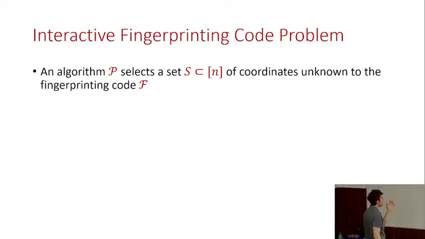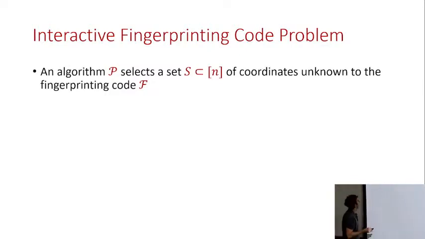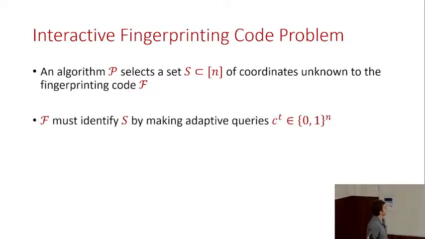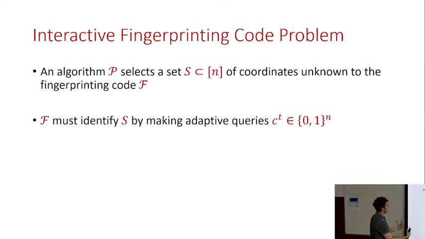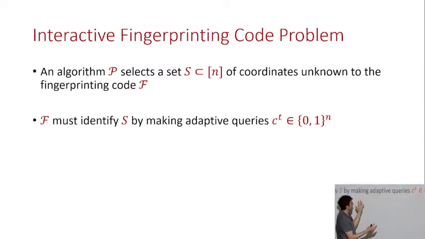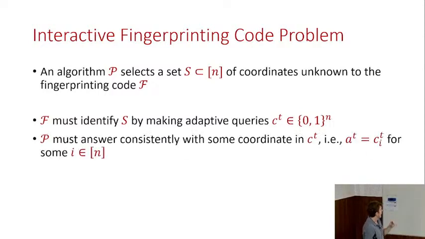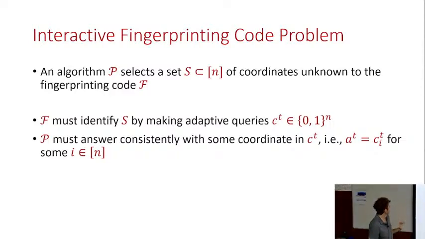And this subset is unknown to what's called a fingerprinting code, F. And F is trying to identify S, you can think of it as the adversary, by making adaptive binary queries. In the t-th step, it queries a binary vector C_t. And there is some correctness requirement on the algorithm P, but it's a very, very basic requirement.